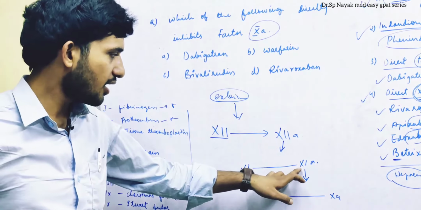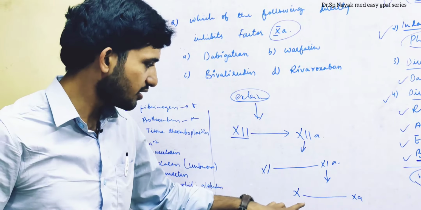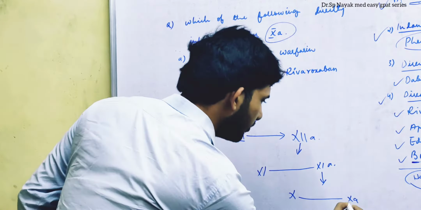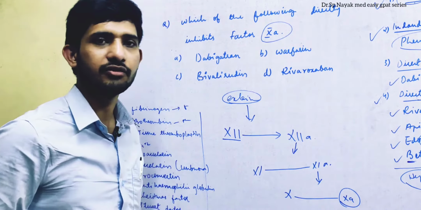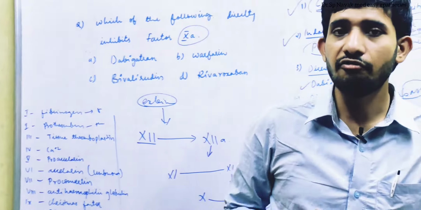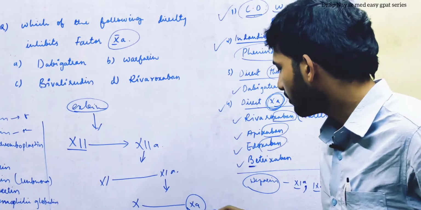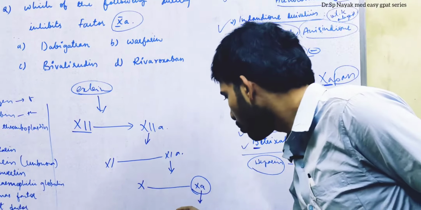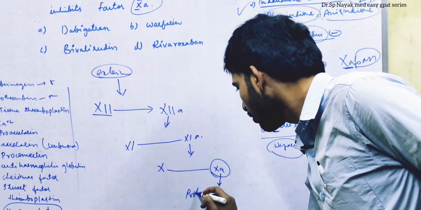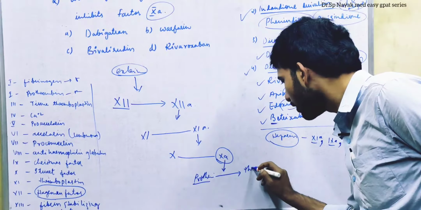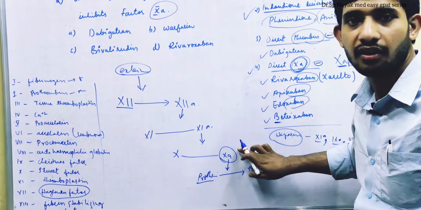So factor 11A converts the inactivated form of factor 10 into 10A. Now 10A is activated, and it has a very important role. This 10A activates prothrombin into thrombin.